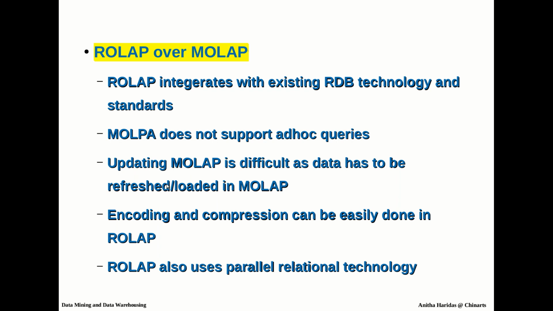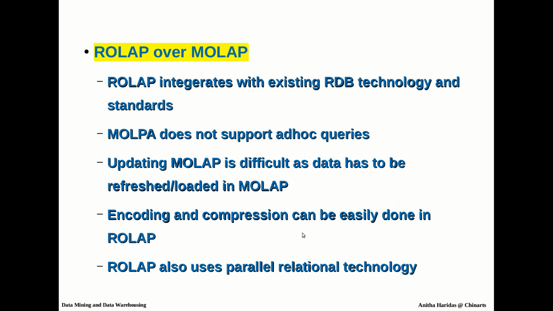And updating MOLAP is also very difficult, because every time you have to refresh and load the MOLAP, which will be done periodically only. So you will not have the current information, you will have only the historical information in MOLAP. So if you need to analyze the current data also, you have to prefer ROLAP.